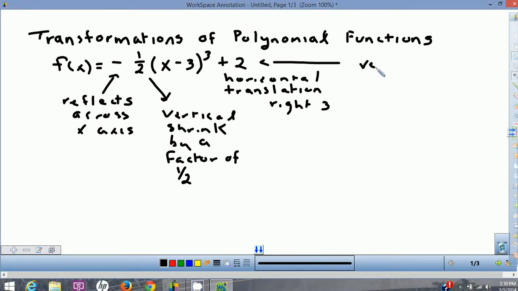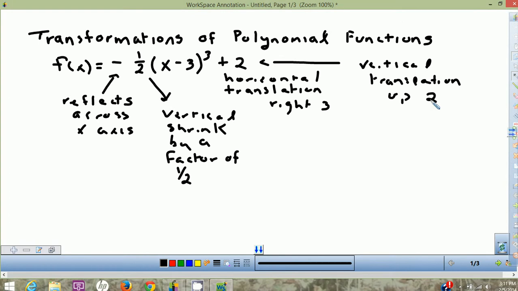If that's a positive number, you're going up. If it's a negative number, you're going down. So transformations with polynomials can be described using all the same terms we used for quadratics: reflections across the x-axis, vertical shrink and vertical stretch, and horizontal and vertical translations up, down, left, and right.